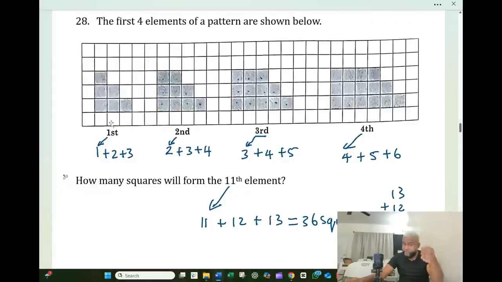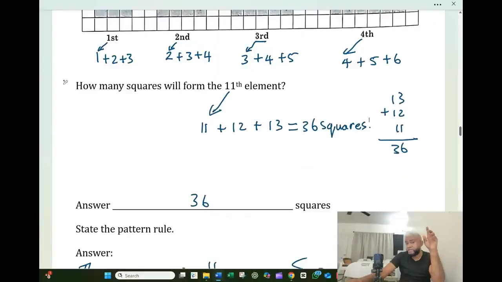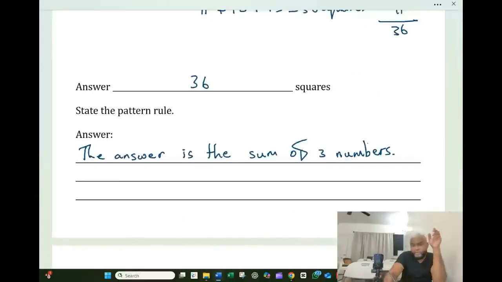So this will be the first element, second element, third element, fourth element. So the first number will be the element, right?